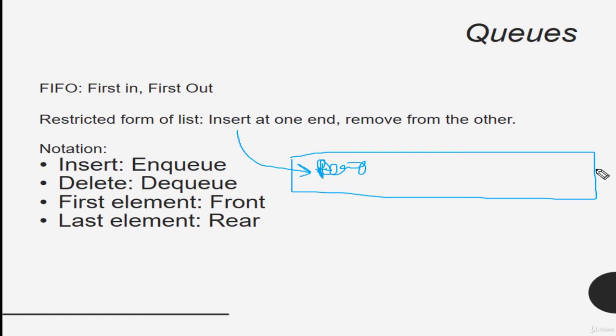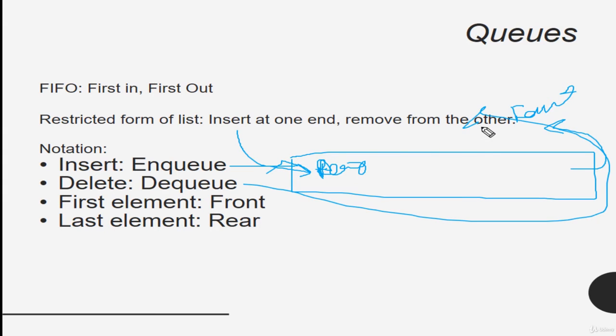And if you want to delete the element, this is called front. So at the front of the queue you can delete the element, or you can call it enqueue and dequeue. The concept of the queue is FIFO, which is first in, first out.